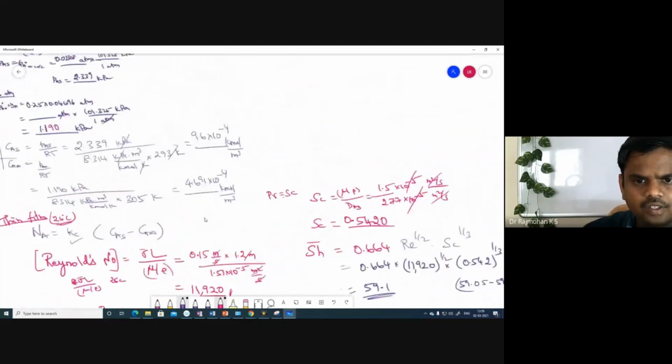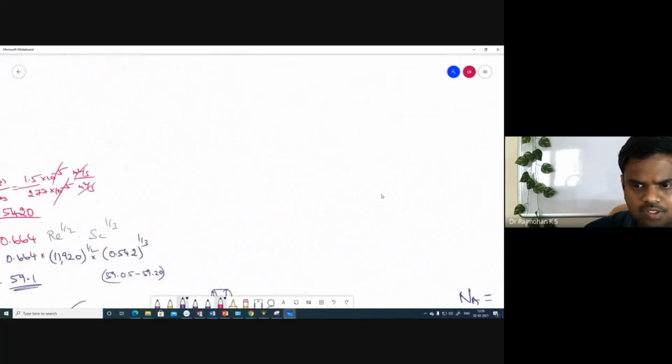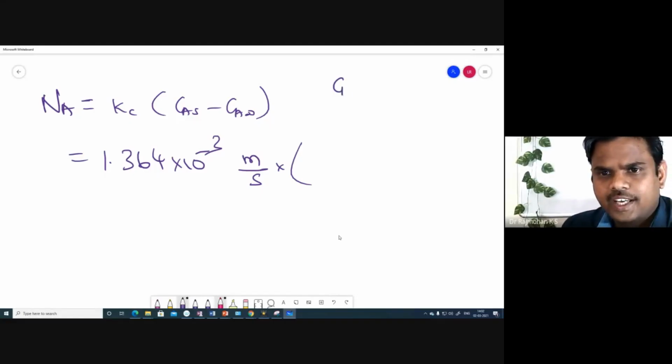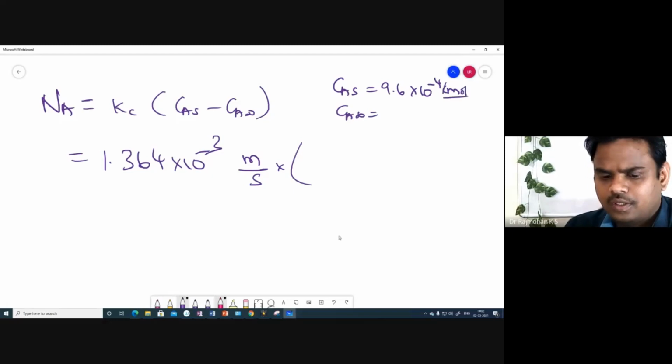Yes, so we have 9.6 minus 4.69 into 10 power minus 4. We have the Cas value and the Ca infinity value. The Cas value we have calculated to be 9.6 into 10 power minus 4 kilomoles per meter cube. Ca infinity is 4.691 into 10 power minus 4 kilomoles per meter cube.